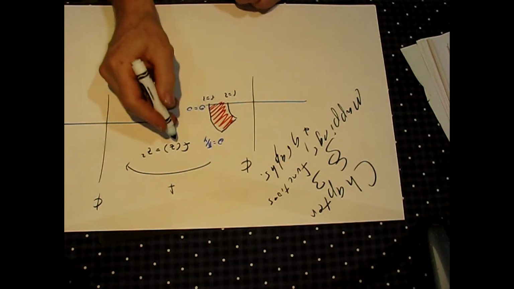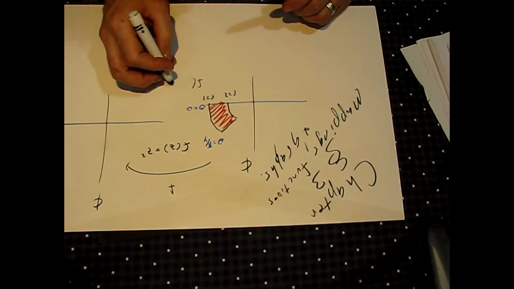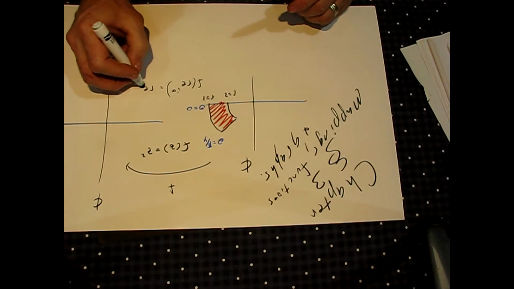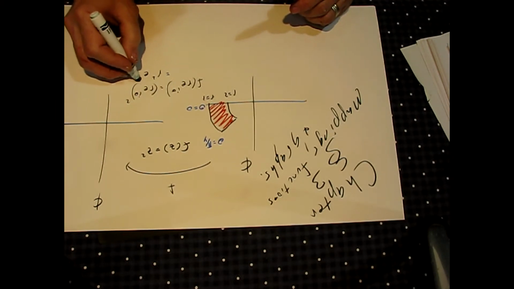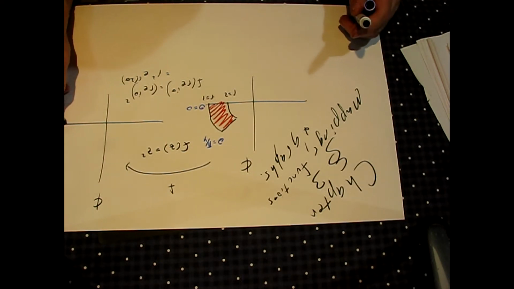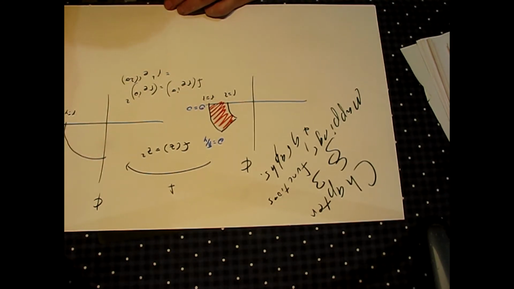Now, we all know that a complex number can be written in polar form, so it's r e to the i theta squared, which is r squared e to the i 2 theta. This tells us that r, which used to be 2, has been brought out to 4, and 3 has been sent out to 9.